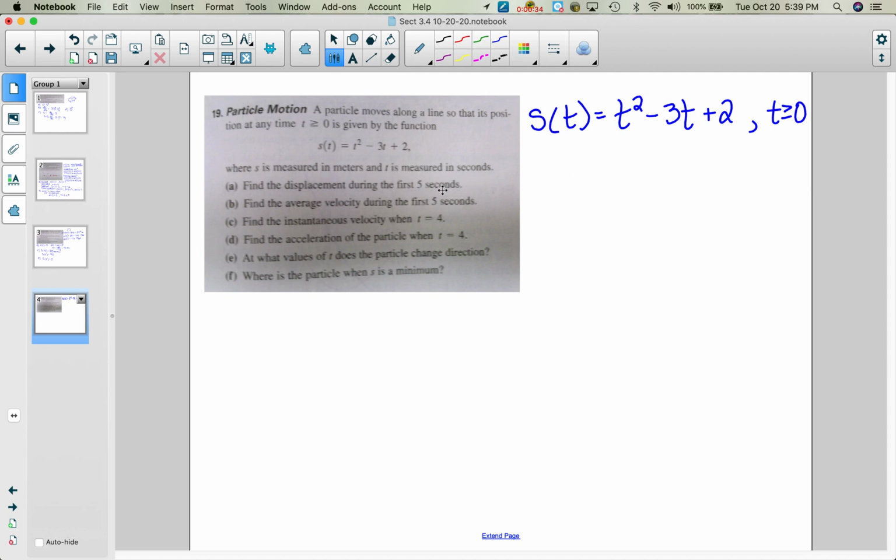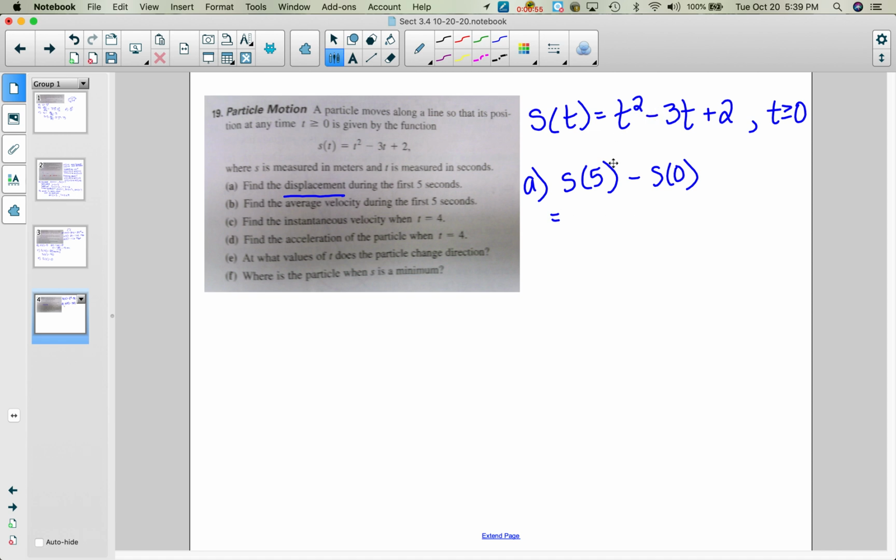So we're asked to find the displacement during the first 5 seconds. The displacement is just going to be my ending position minus my initial position. So that's S of 5, where it ends after 5 seconds, minus S of 0, where it started.